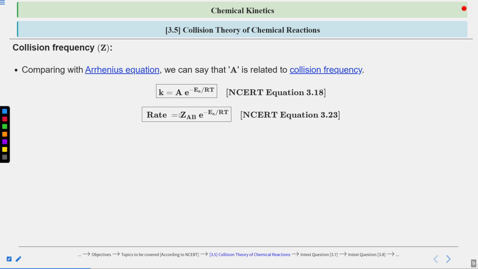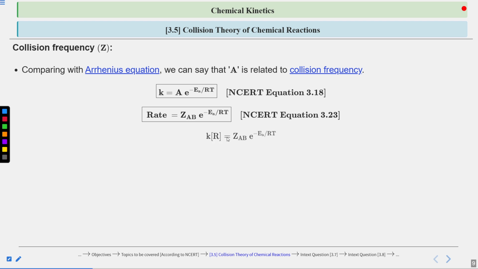The rate equals ZAB e to the power minus EA by RT is NCERT equation 3.23. If you compare this rate equation with the Arrhenius equation, you can see that A is related to the collision frequency, because the other terms are the same in both equations.